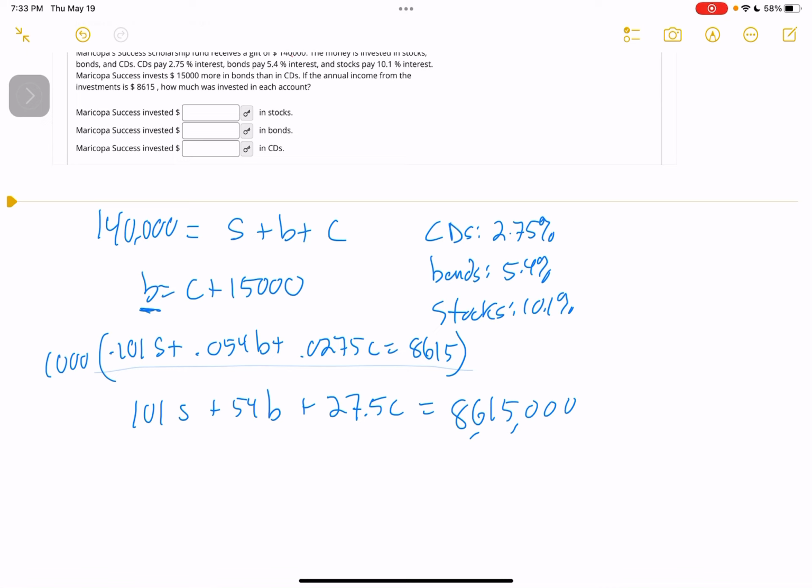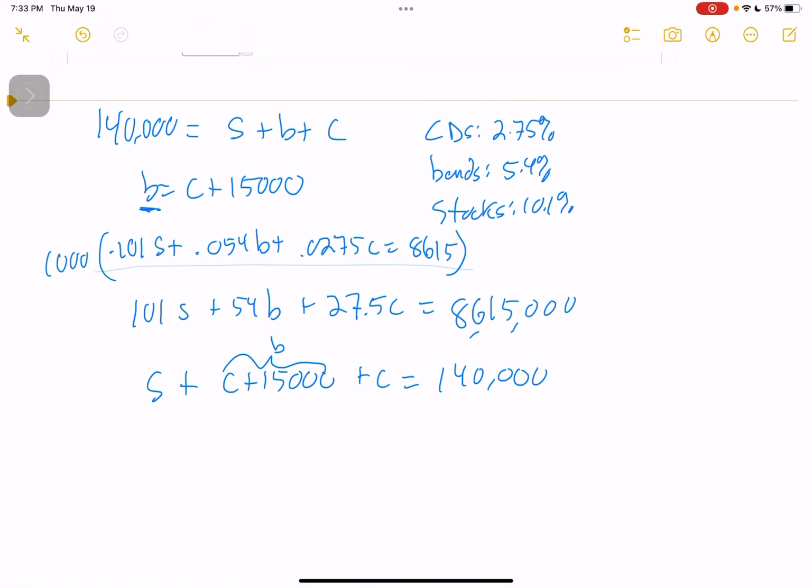One thing I do next is I would probably substitute the B into both of these two longer equations. So I get down to 2 equations, 2 unknowns. So I'd have that S plus C plus 15,000, so that's taking the place of, that was our B, plus C equals the 140,000.